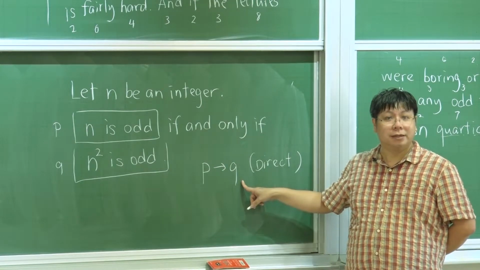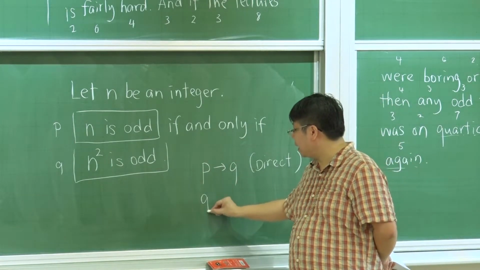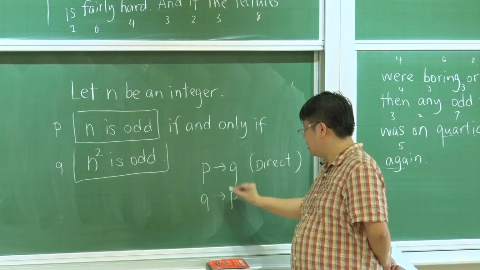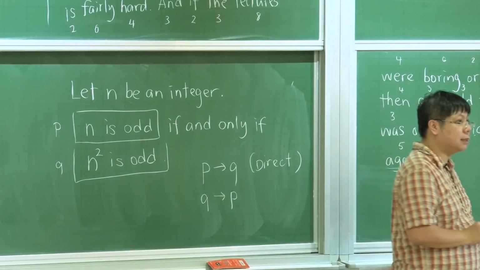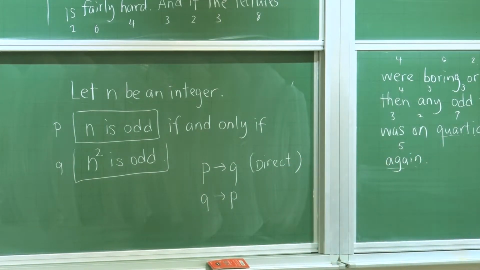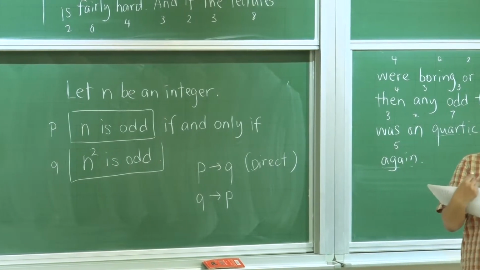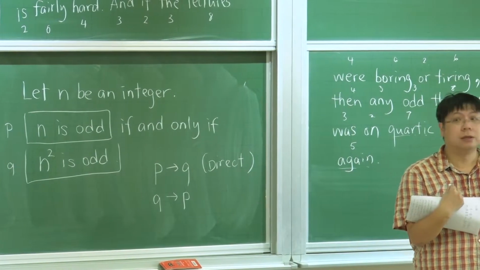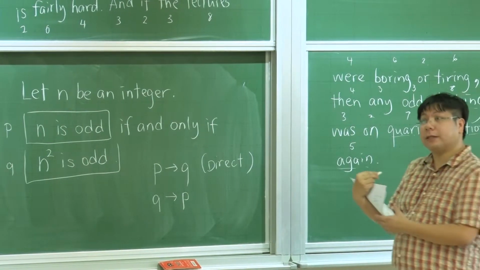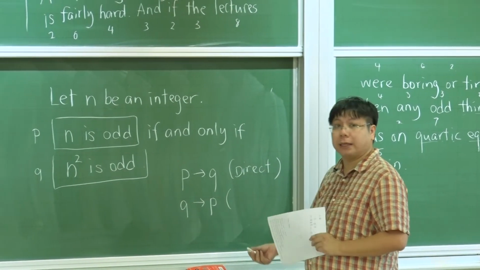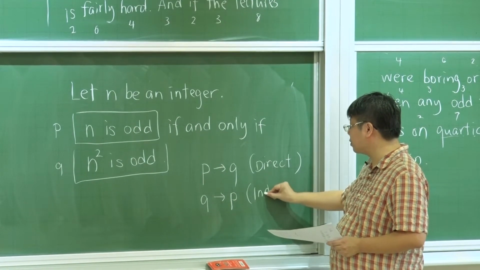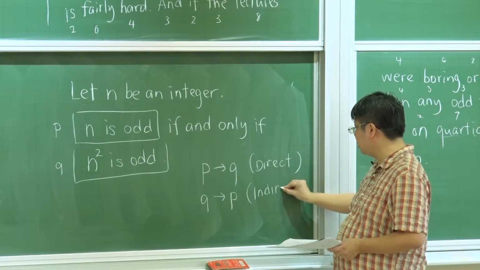How about Q implies P? If we know that n is an integer and also n squared is odd, how can we show that n is also odd? We have done this before. We can prove this by indirect proof, by contradiction or by contraposition.